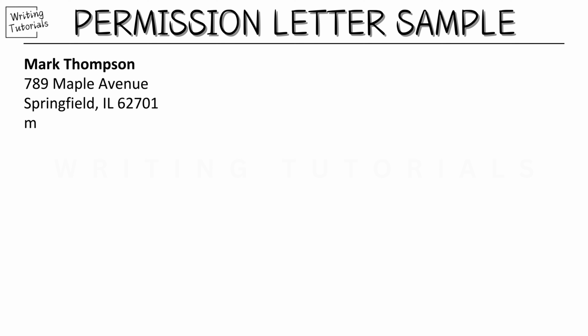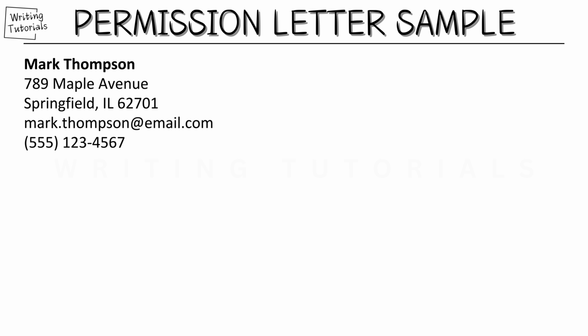Header section, contact information. All right, let's start with the header section of the letter. Here's how it's structured. Mark Thompson, 789 Maple Avenue, Springfield, Illinois, 62701. mark.thompson@email.com. 555-123-4567. This part includes the writer's full contact information, which is essential in formal letters.